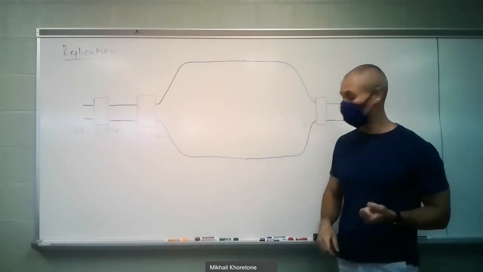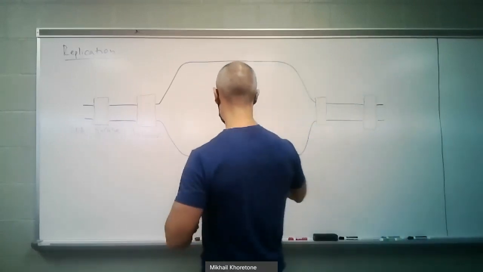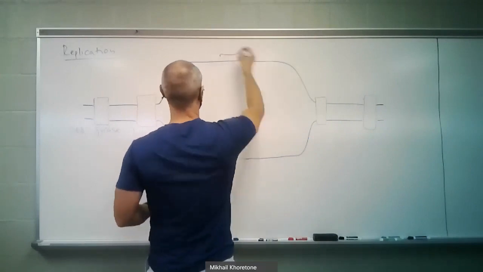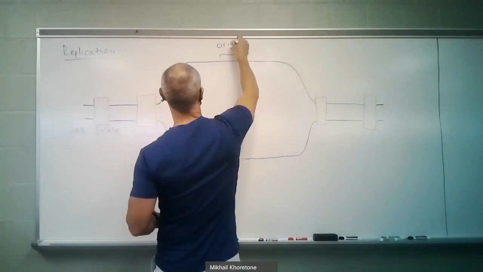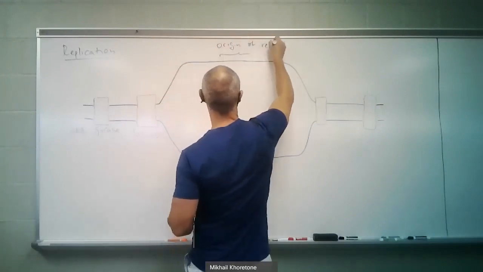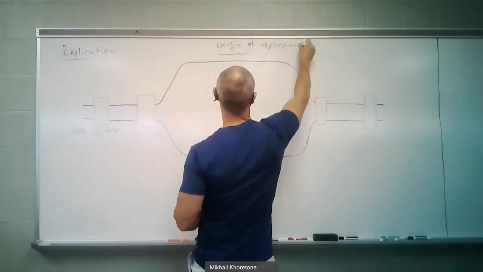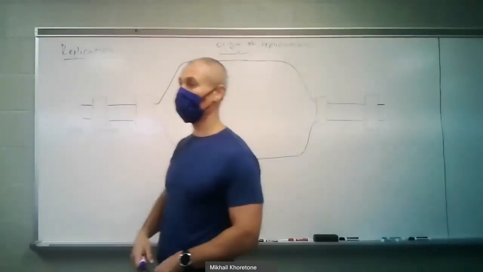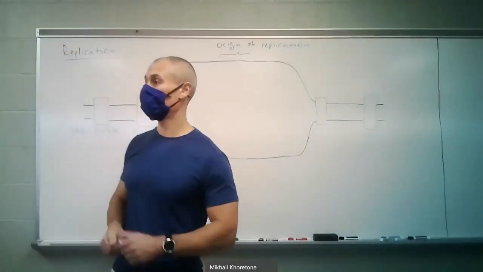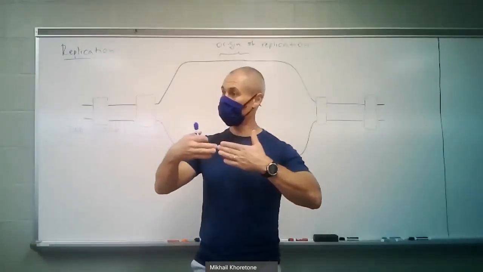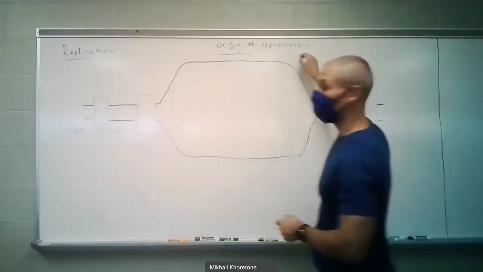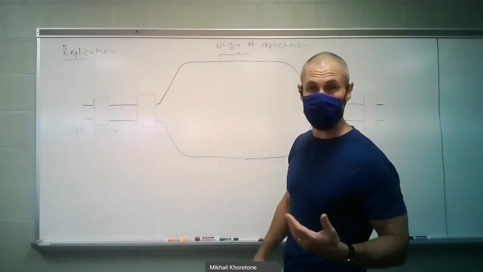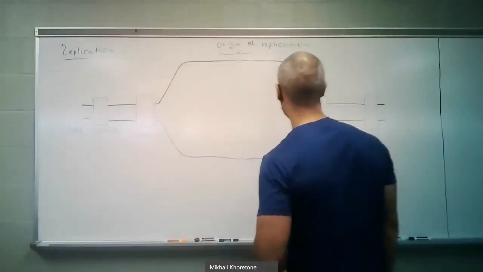That start of the replication is called origin of replication. Which pairs of nucleotides form weaker complementary pairs? And so origin of replication is a lot of AT pairs, so it's easier to separate. Does that make sense?